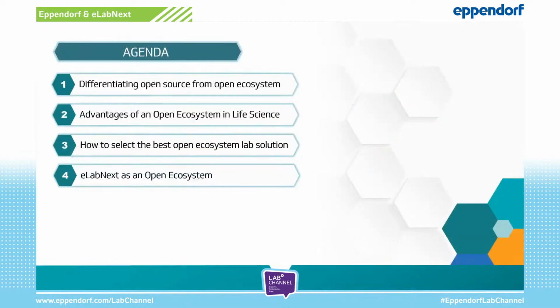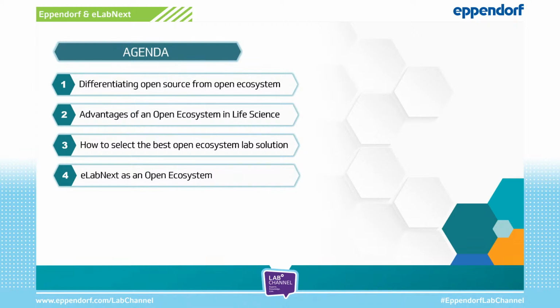So the agenda for today, we're going to start by learning the difference between an open source and an open ecosystem. Then we'll discuss shortly the advantages of an open ecosystem in life science and how this reflects in your research, which advantages you can find there in the lab and in your daily work.